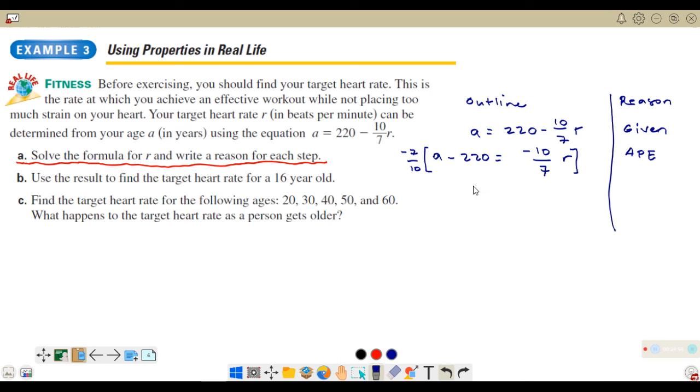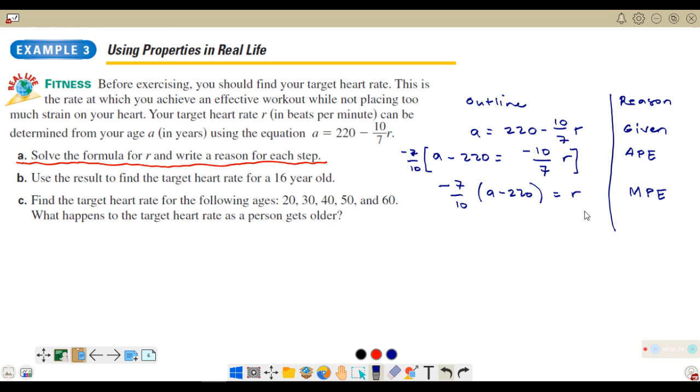So, this is by means of MPE. So, dito, we are going to have negative 7 over 10 times A minus 220 is equal to R. Okay? So, this is equal to R by the use of MPE.